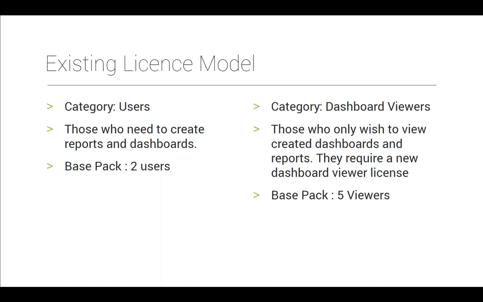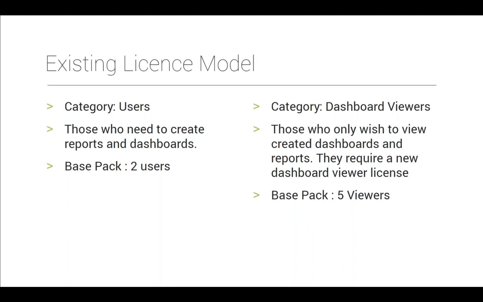As you can see, the base pack for users starts from 2, and the base pack for dashboard viewers starts from 5 viewers. So that is the existing licensing model. Luckily, we do not have any change in these two categories. The base packs also stay the same.